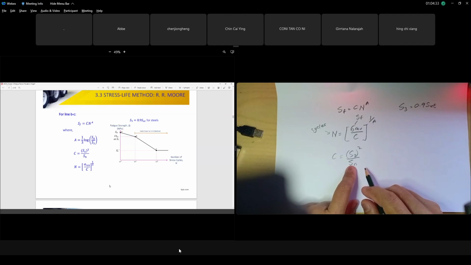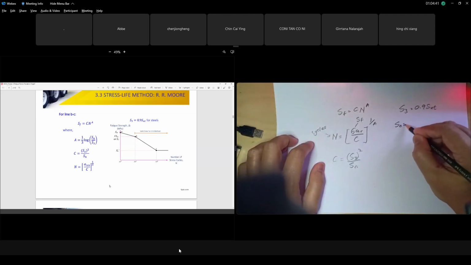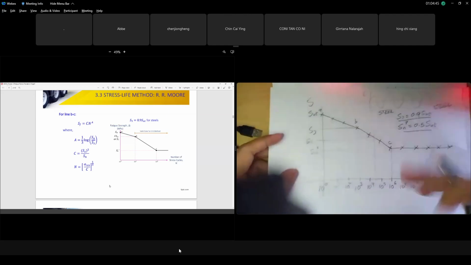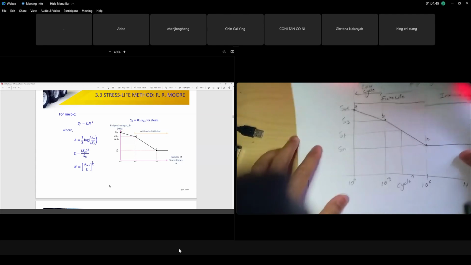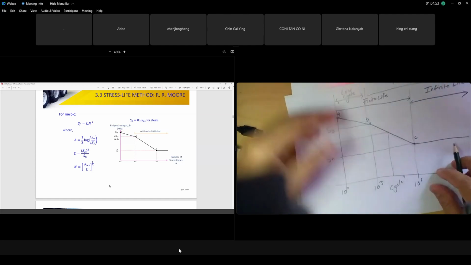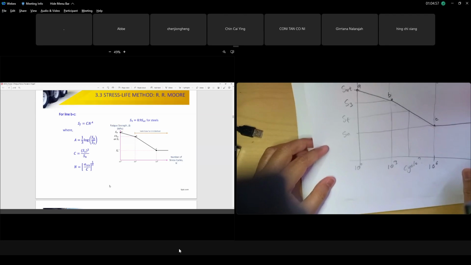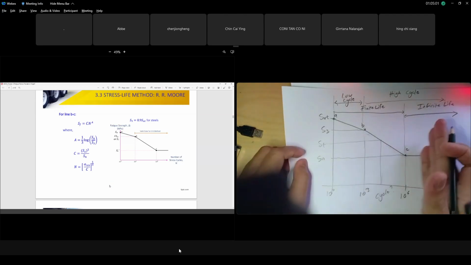I want to test whether you are with me or not. What is your Sn? Yes, your endurance limit. Remember, SN is the endurance limit. You're right. In your case, because of the modification method, this is the R.R. Moore test. Your SN is 0.5 of your SUT. You have modification factors. SN is for infinite life.